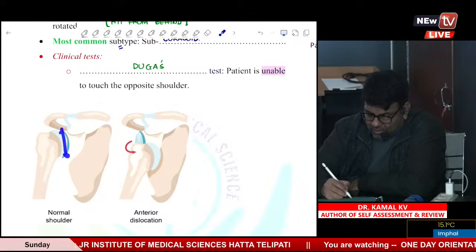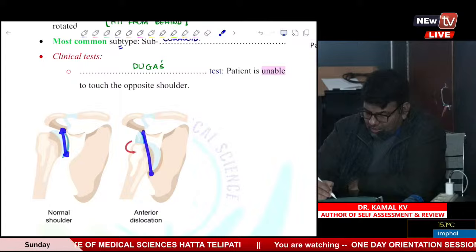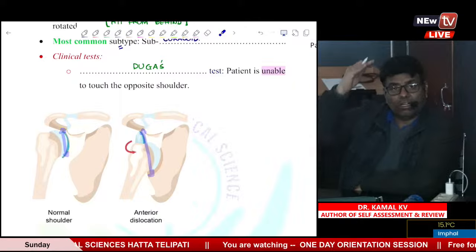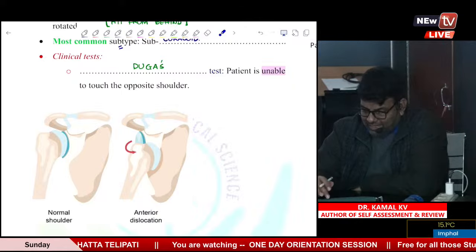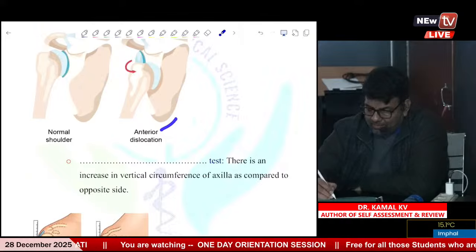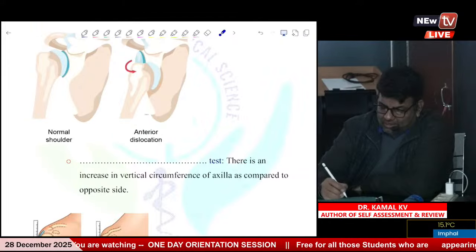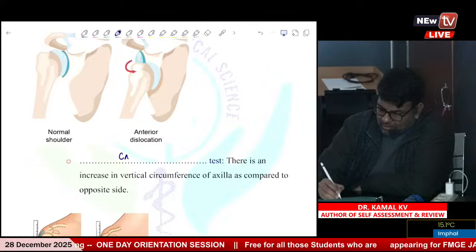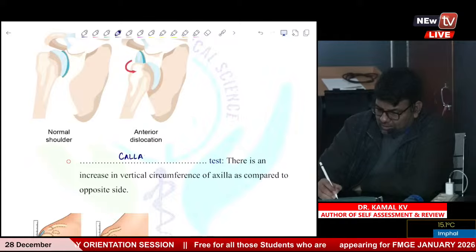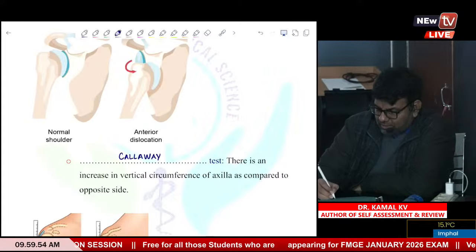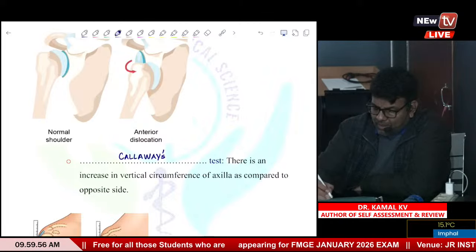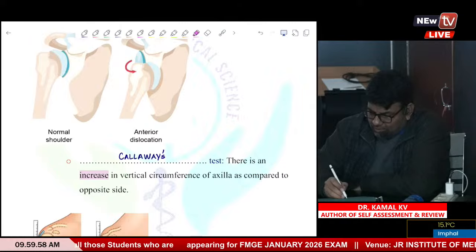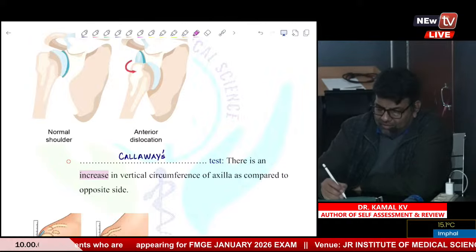Look here, it is only this much, but look here, it is this much. So the vertical circumference of axilla is increased in anterior dislocation, and this test is known as Callaway's test.